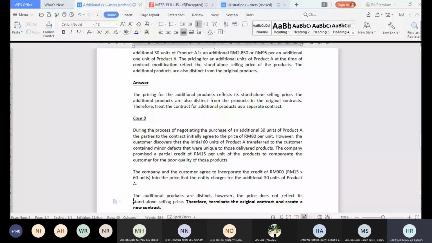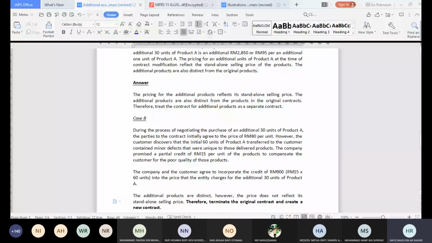Although the 30 units are distinct, the price which has been negotiated has been affected by the price of the original contract.